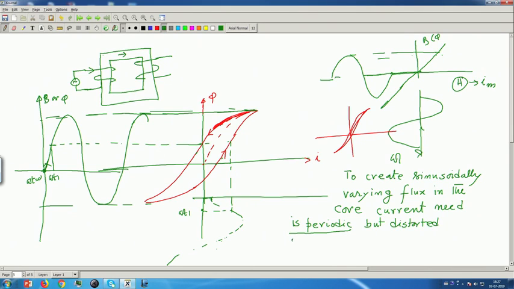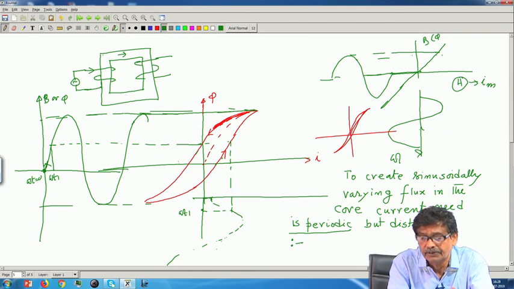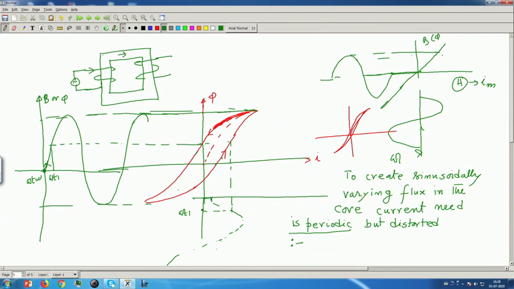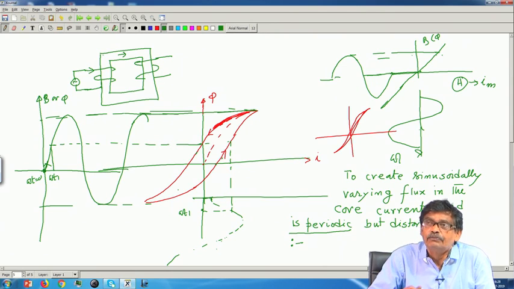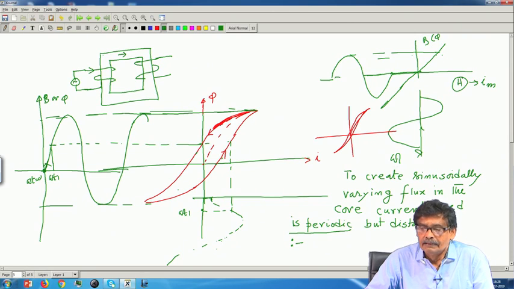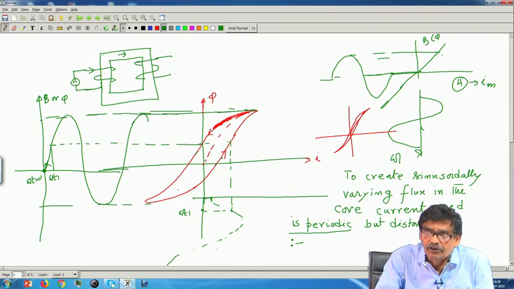What does this distorted mean? It means that since the current waveform is periodic, I can do the Fourier analysis. Periodic with the same frequency omega, I mean the time period will be 20 milliseconds with that supply, because this flux is moving with some periodic time. So, with the same periodic time it will be changing, and it can be Fourier analyzed, that is, it will be of 50 hertz only.